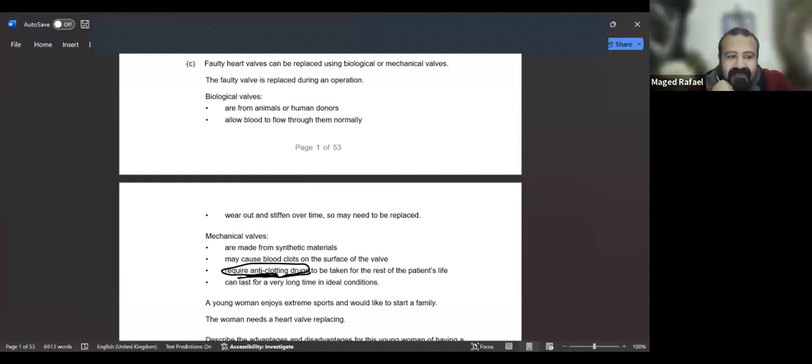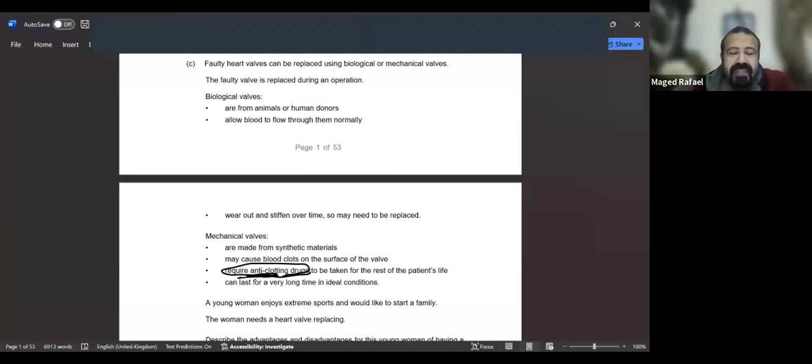This is one of the advantages. In the same idea, there's no need to take anti-blood clotting drugs. And also the idea of having a low risk of rejection. All of these are advantages.